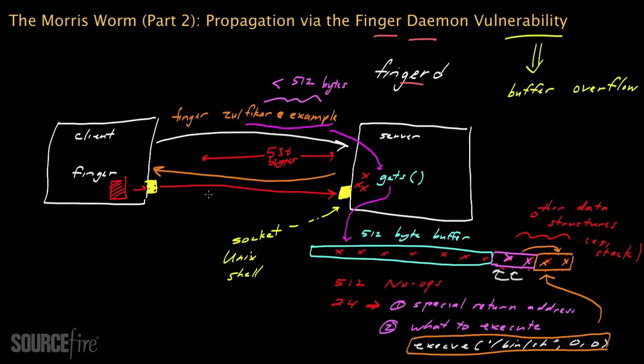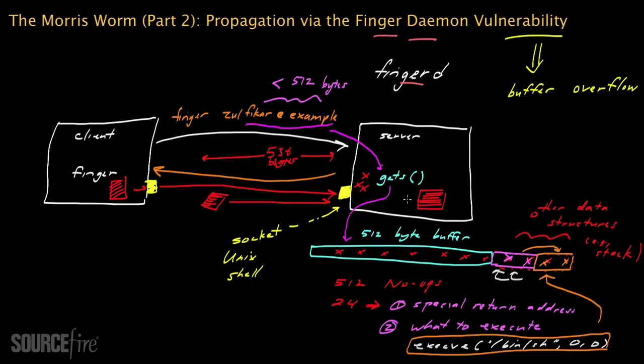In particular, the worm will send commands via the socket, and what it sends is a command, first of all, to copy itself over to the compromised system. So it sends a copy of itself to the compromised system, and then it issues a command to have that copy executed on the remote system.